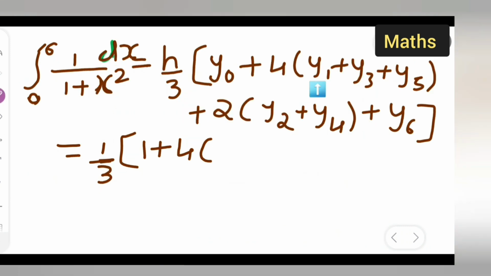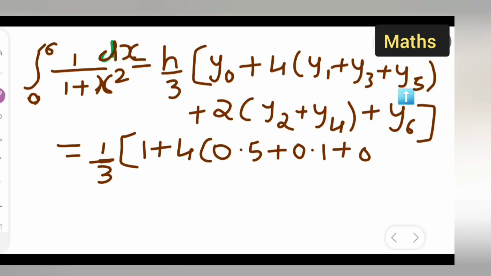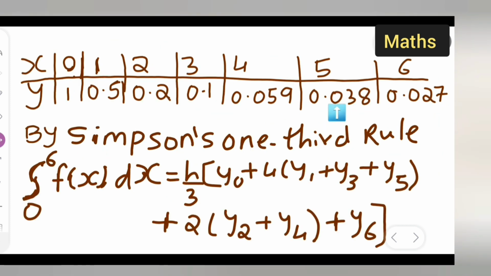So write down 0.5 plus 0.1 plus, what is your y5? y5 is nothing but 0.038, so write down 0.038, close the bracket, write plus 2. Now what is your y2? y2 is nothing but 0.2 and y4 is 0.059.